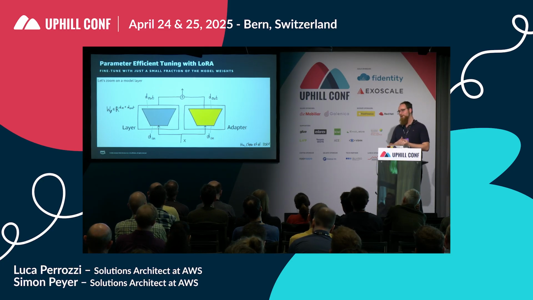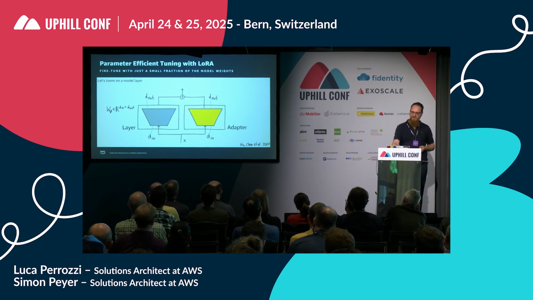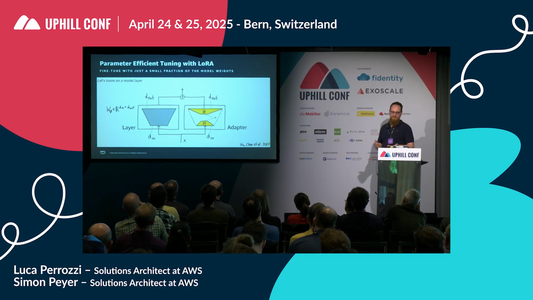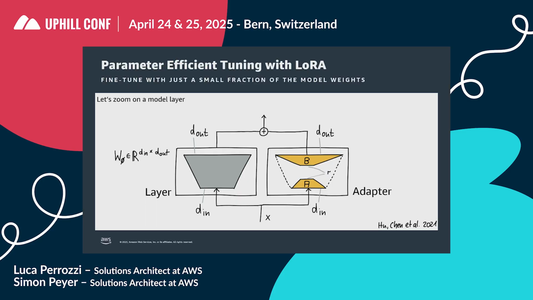And what LoRA does, that's why it's called low rank adaptation, is actually taking this matrix, and instead of using one big matrix, it's actually using 2 smaller ones. First one, which maps from the input dimension to a rank, which you can choose when you fine-tune, R, and then a second matrix, which would, from this rank R, map again to your output dimension.